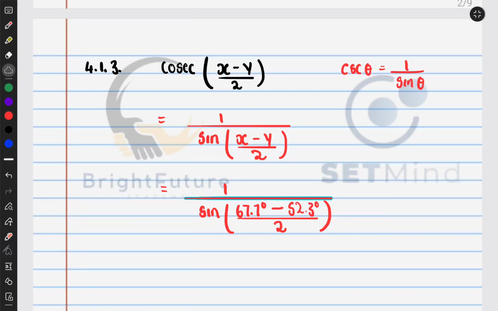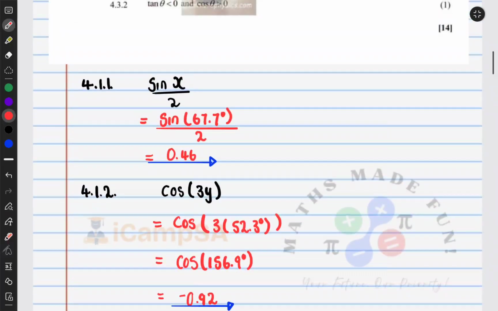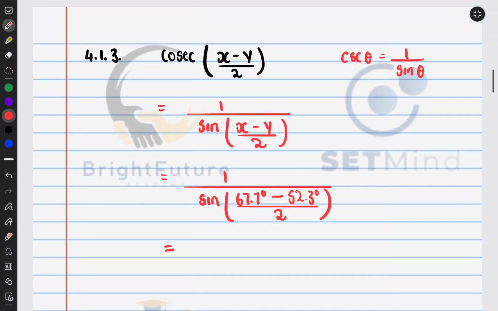Once we are here, we calculate what is within the brackets. Let me double check, yes, it's 52.3.